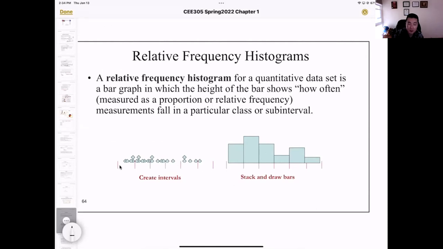For example, we divide the data into seven intervals, and the intervals should normally have equal width. Then under each interval, we count how many times. For the first interval, we have 1, 2, 3, 4, 5, so the height is 5, and so on.